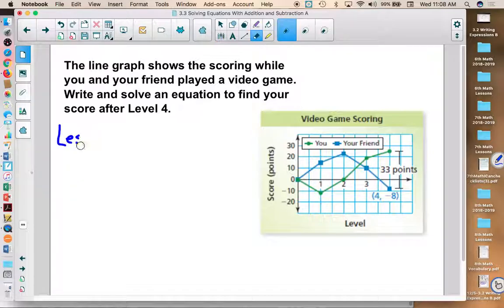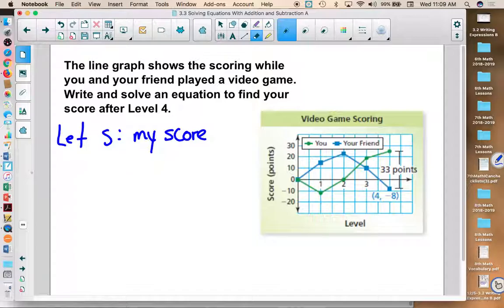Let S equal my score, or your score, because that's what we're looking for, right? Okay, that's a start. We need to know what our result has to be. What's the difference between the two scores? 33. 33 is the difference.